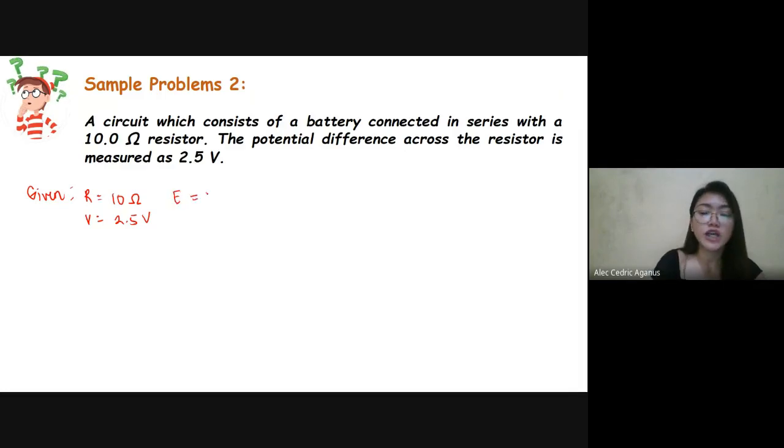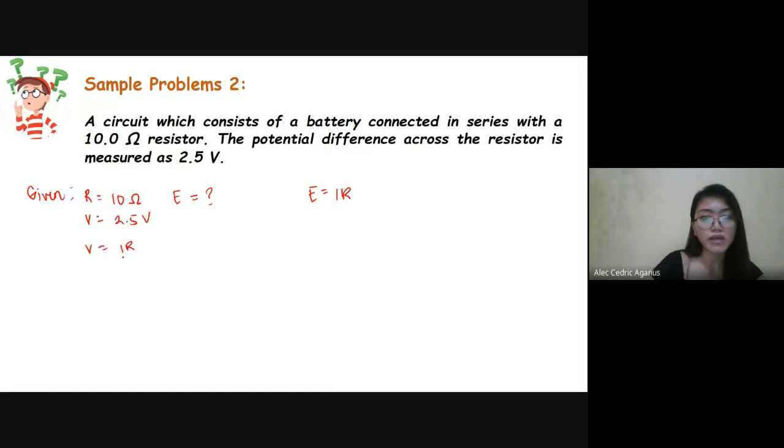Our formula for finding the electromotive force is E is equal to IR. Since we do not have yet the value of current, let us first solve for the current using the values of R and V. We have the Ohm's law formula, V is equal to IR.